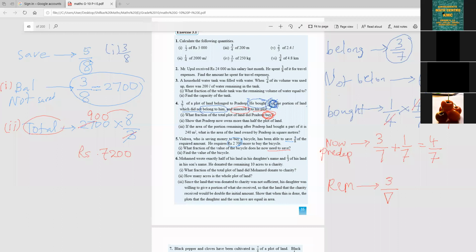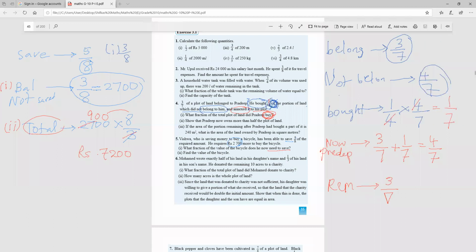Children, you are writing 1/4, but that is wrong. He did not buy a quarter of the land; he bought 1/4 of the remaining land. So he bought 1/7. That is the first answer.